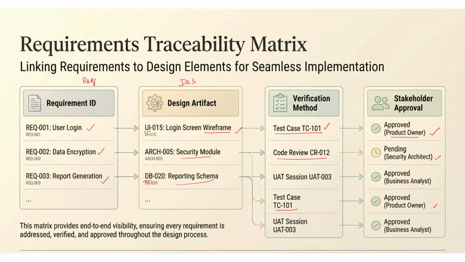From this picture, what we can understand as traceability is that the requirements have been mapped to design artifacts, the design artifacts are mapped to a set of test cases, and those test cases are validated across the implementation, and we have an approval from the stakeholders, whether it is approved, pending or rejected. This is what we have understood from this slide.